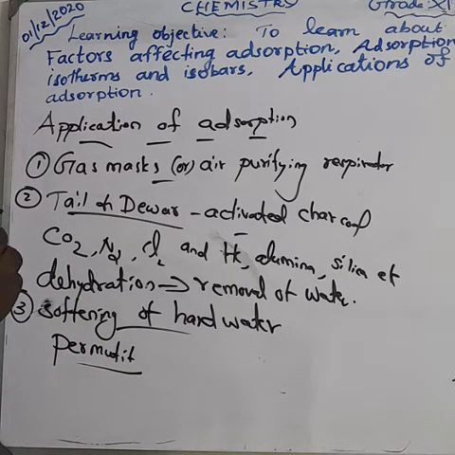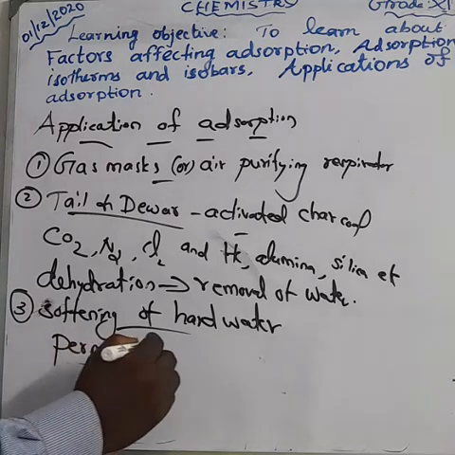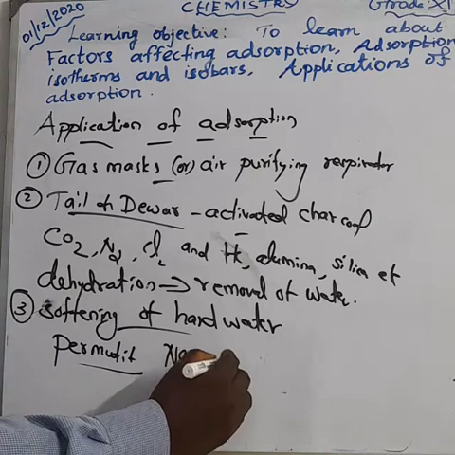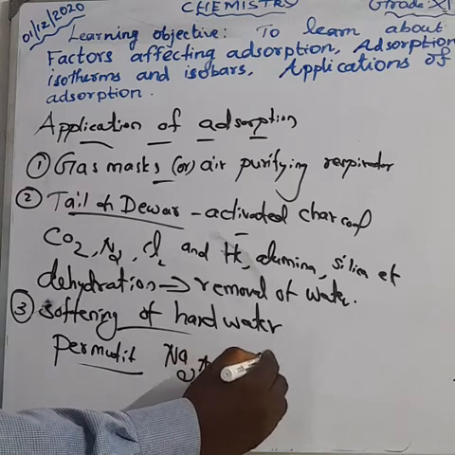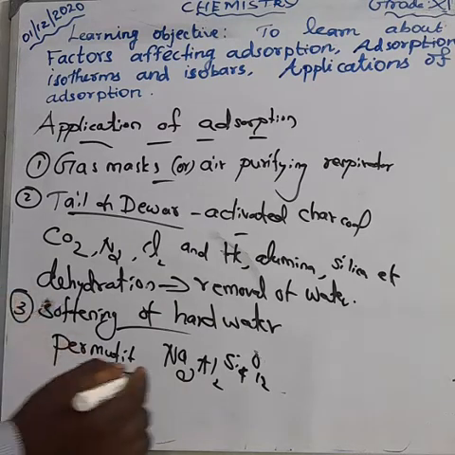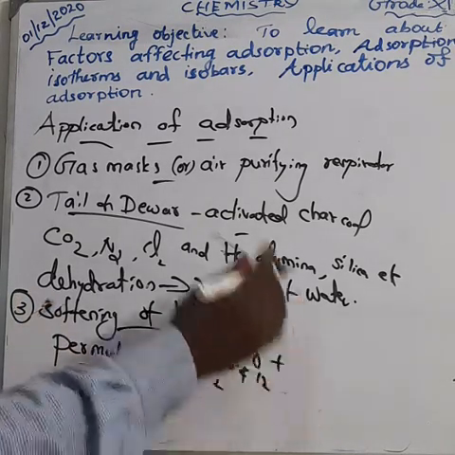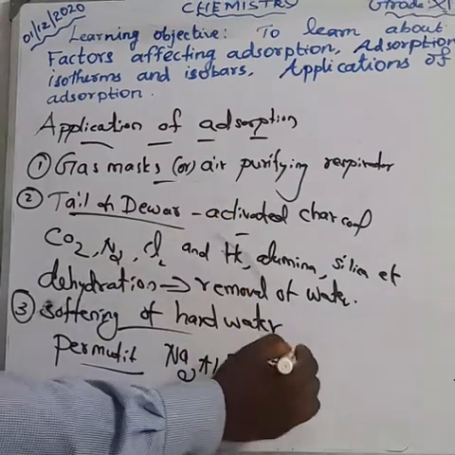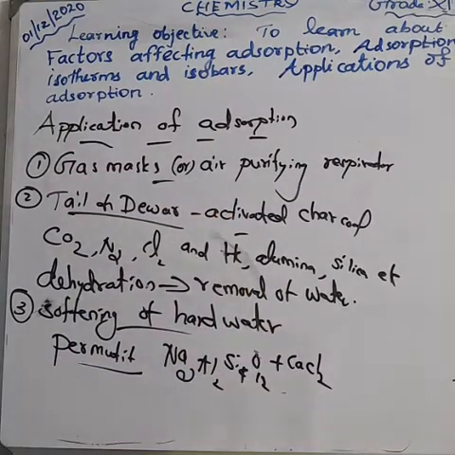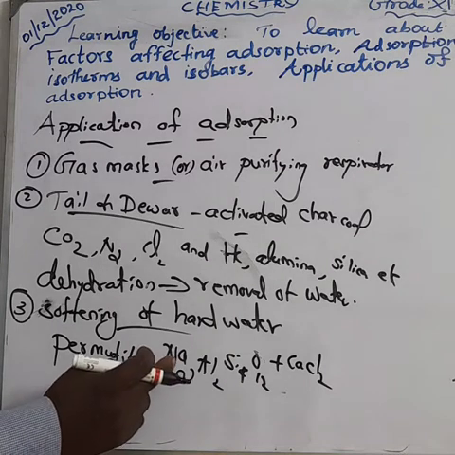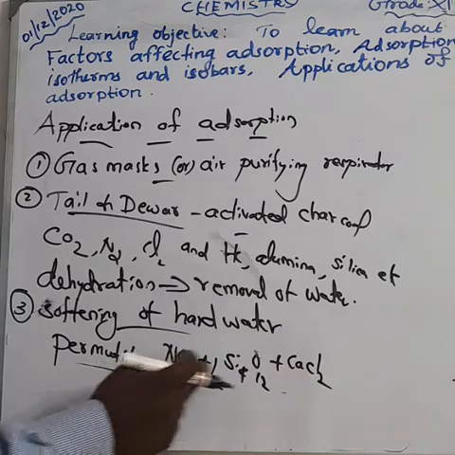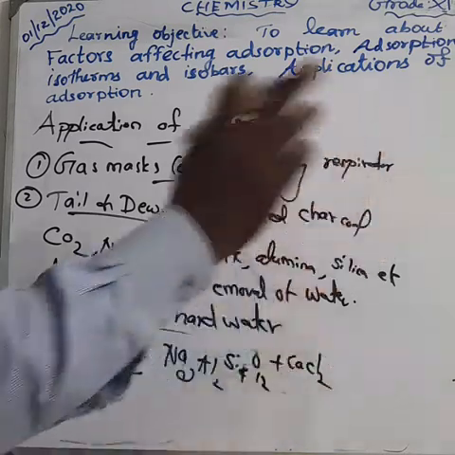Here we are taking permutit, whose formula is Na2Al2Si4O12. It reacts with one of the hard water salts, calcium chloride, CaCl2. Here the sodium ion combines with the chloride ions, and we get sodium chloride.